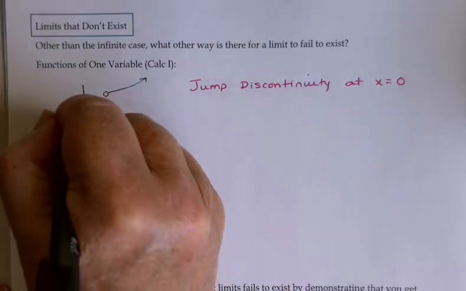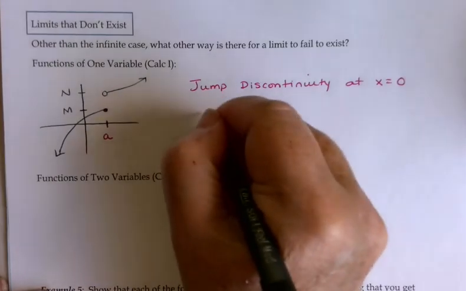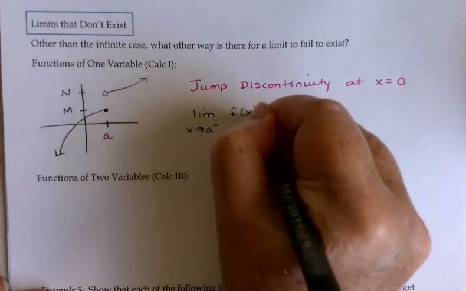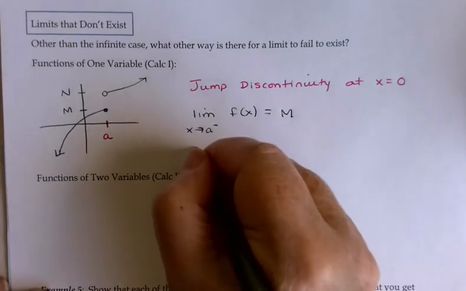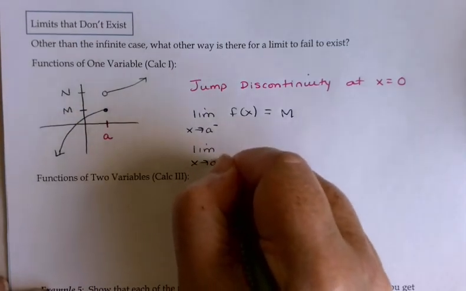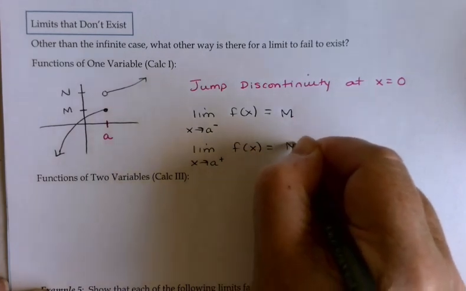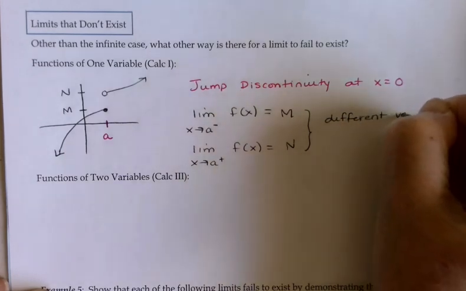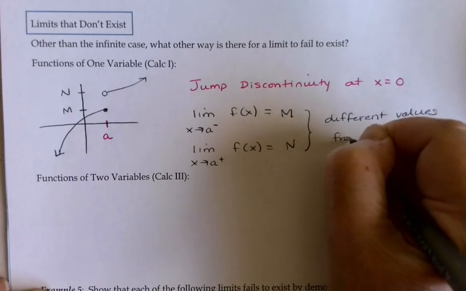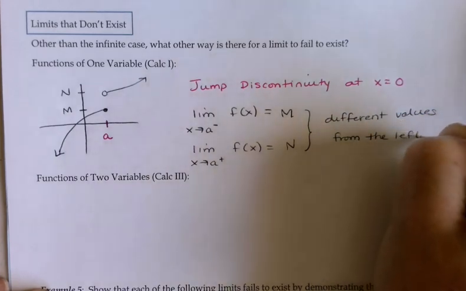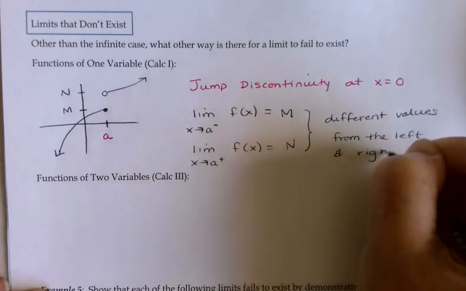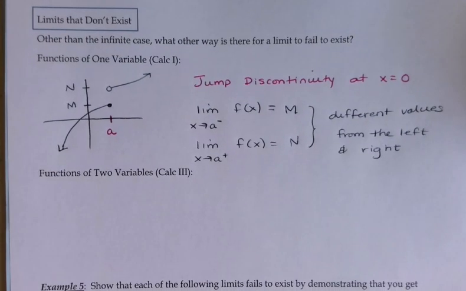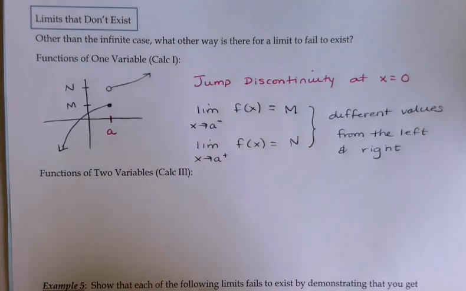So maybe I'll just call this M, and I'll call this one N. The limit as x approaches a from the left would have been M here, and the limit as x approaches a from the right would have been N. We get different values from the left and right. That was pretty much the defining limit that told us that we had a jump discontinuity, and in that case, we had to say the limit does not exist.